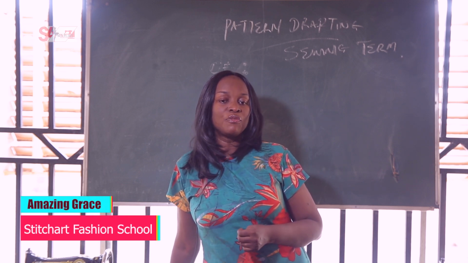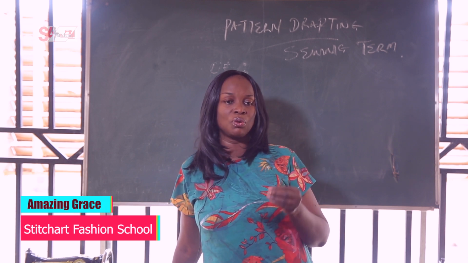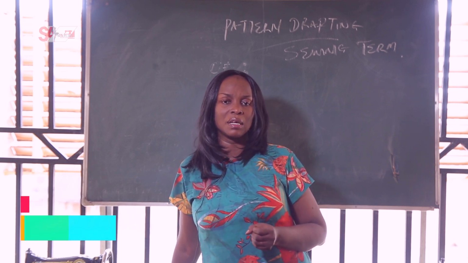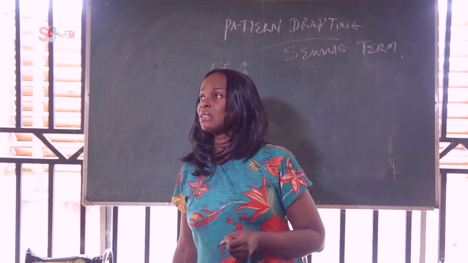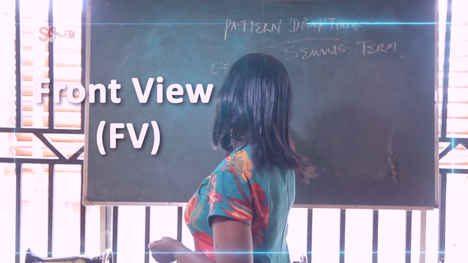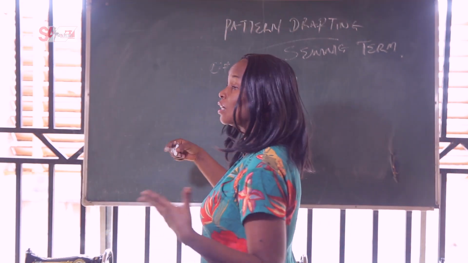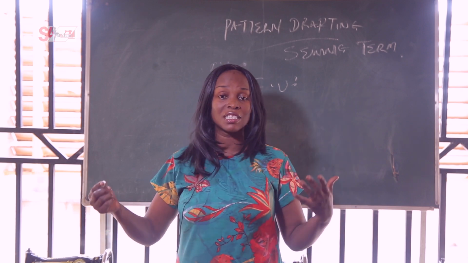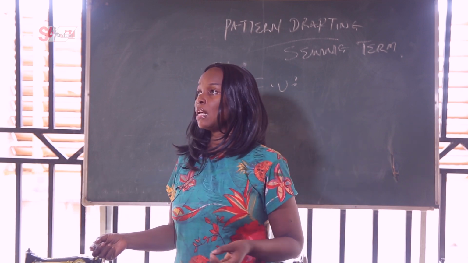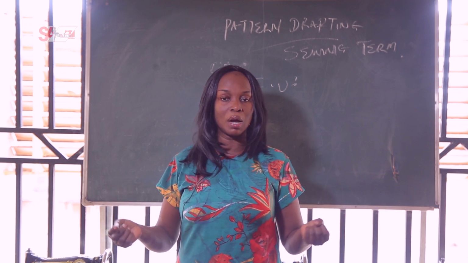And before you can do any of those, you need to be able to understand some sewing or pattern drafting terms. So this morning we are going to be starting with the term front view, short form FV. That's the front view, just like the word connotes, the front side of the projects, the garments you are making.